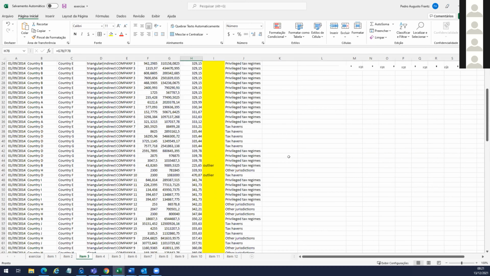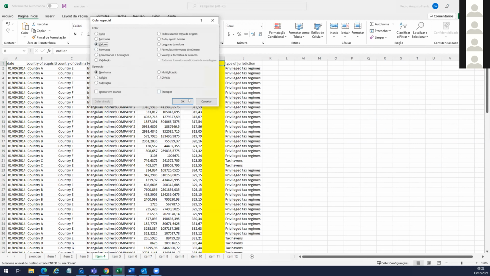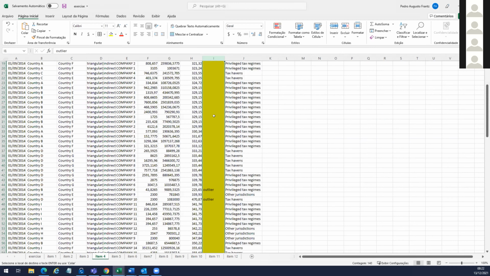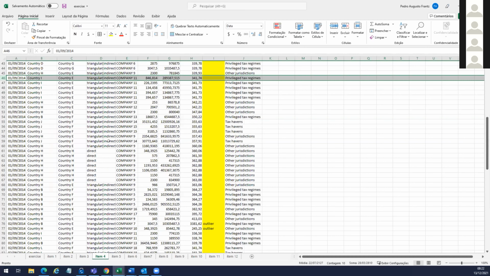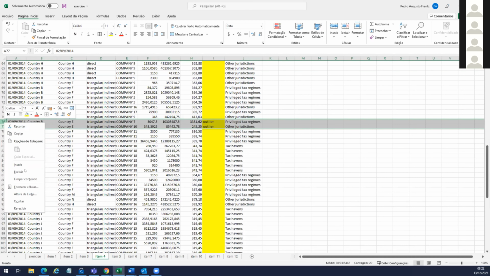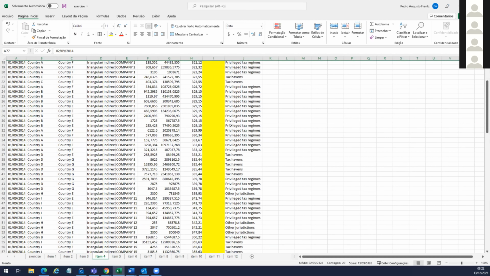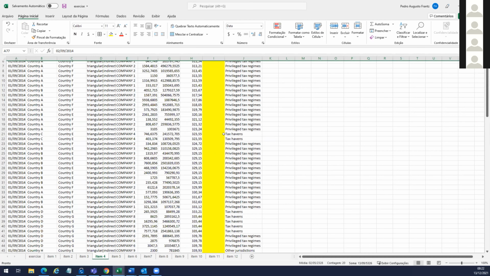I will copy this detection column, copy only values, and search our outliers and drop them. This is not necessary to our work. Okay. Now our database doesn't have outliers and is ready to work.